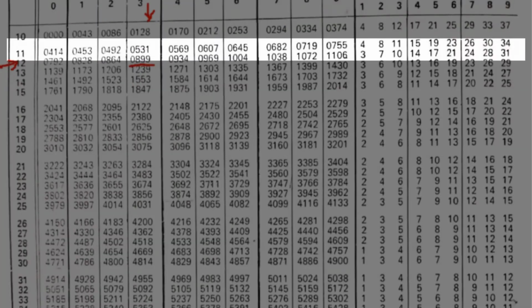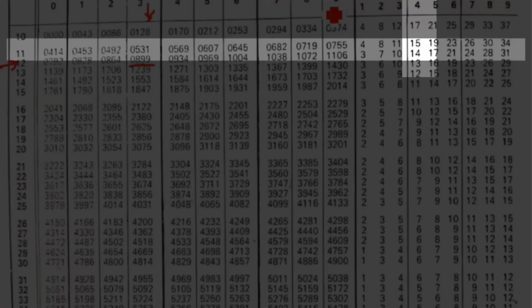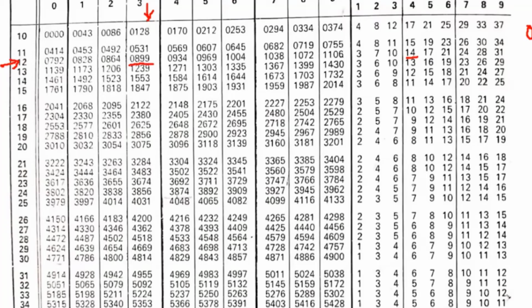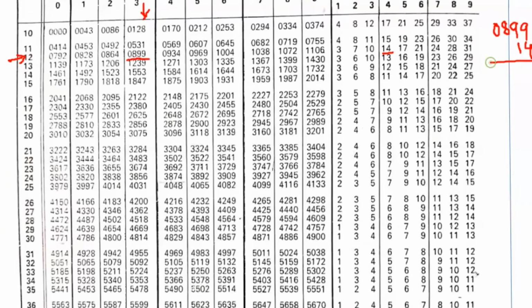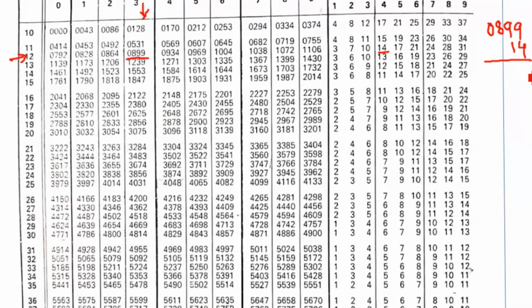I have to add the mean difference from the fourth column. Here, in the fourth column, the mean difference is 14. If I add this 14 to 0899, I get 9 and 4 is 13, 9 and 2 is 11, and 9 and 0.